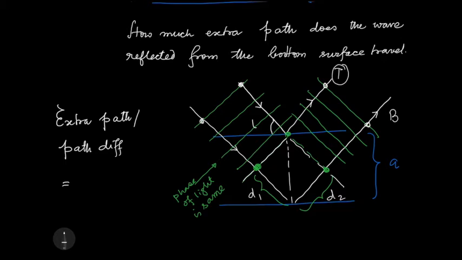If I consider this angle, which is called the grazing angle, to be phi, then since this is 90 degrees and this is also 90 degrees, this angle will be phi. So d1 is nothing but a sine phi, so is d2. So the extra path is 2a sine phi.